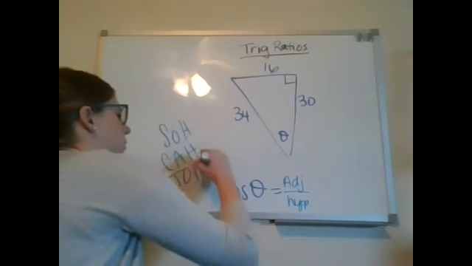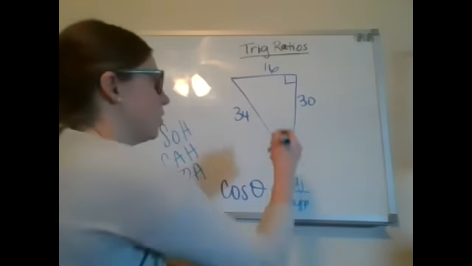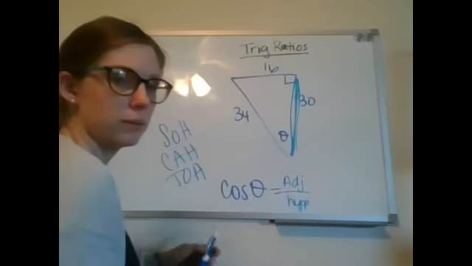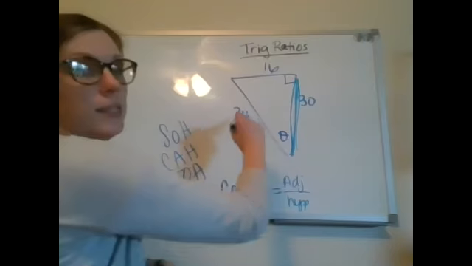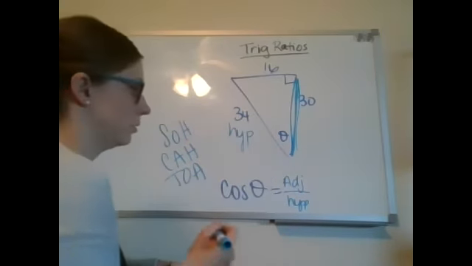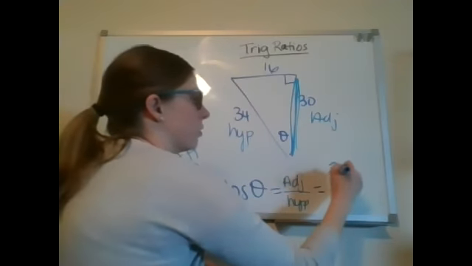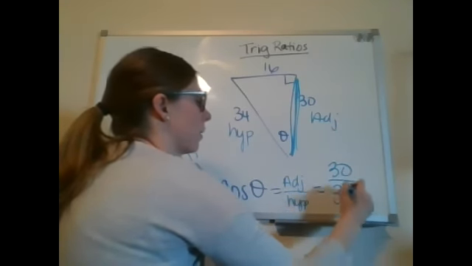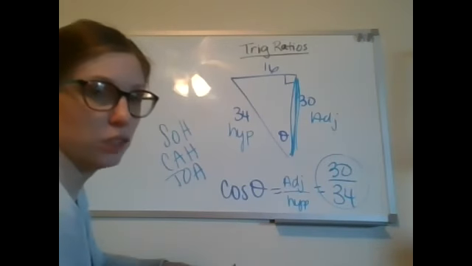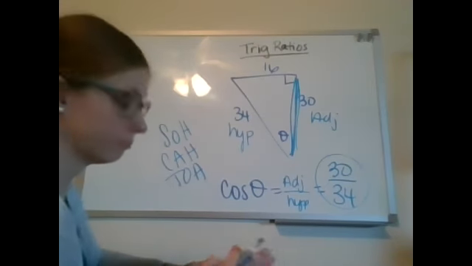SOHCAHTOA is our friend. So adjacent would be the side that it touches, right here. It also touches this side. Yes, I know, but guess what this side is? This side over here is our hypotenuse. And so over here would be our adjacent. So our answer right here would be 30 over 34. And again, yeah, you can simplify that if you want to, but you don't have to make it any harder. You can leave your answer just like that, and that's good with me.